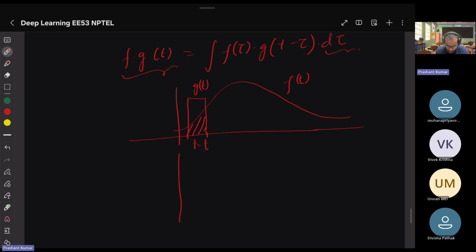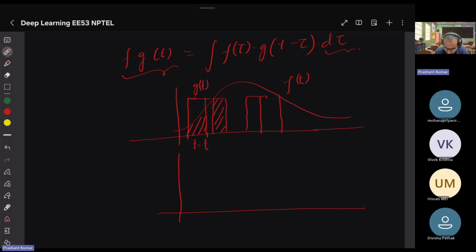So let's try to plot it here. If this function is moving with time, and if it comes here, then this is the overall convoluted area. The convolution means this g is moving with time on the right hand side. If this function is here, the area will remain the same.